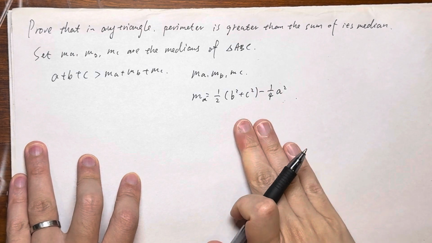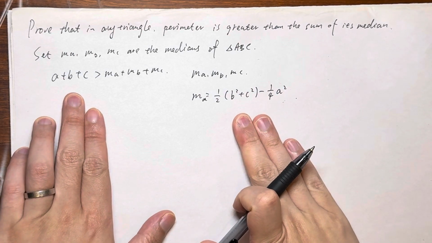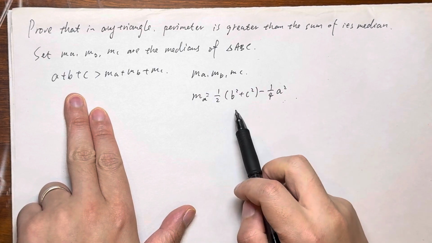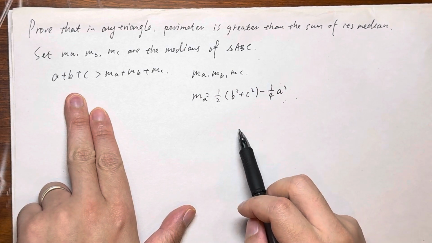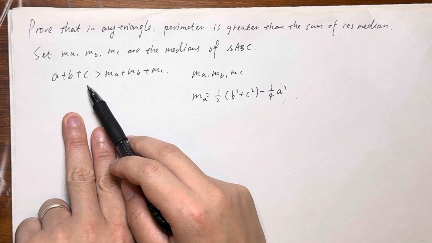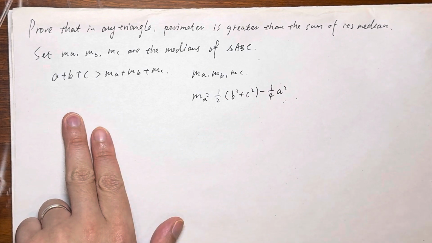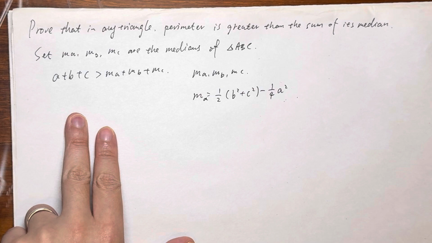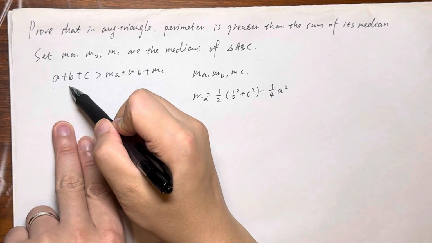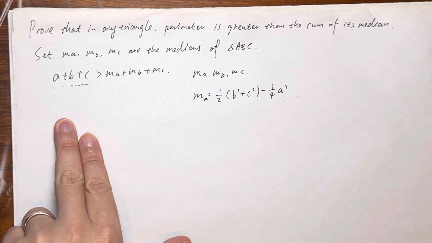But if you look at the inequality here, if we just sum all of them together and directly compare to a plus b plus c, that is difficult, right? Which means we have to figure out a way to split a plus b plus c.